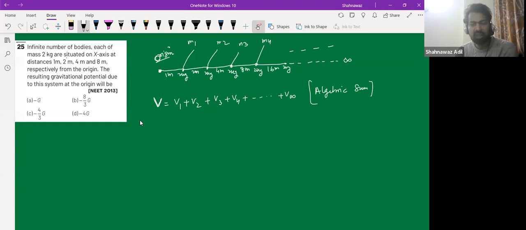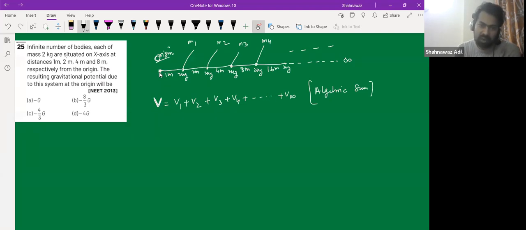Force is a vector quantity, and velocity, displacement, torque are vector quantities. But work done, potential energy, potential, and kinetic energy are scalar quantities. So in the case of potential, we just have to calculate the individual ones.